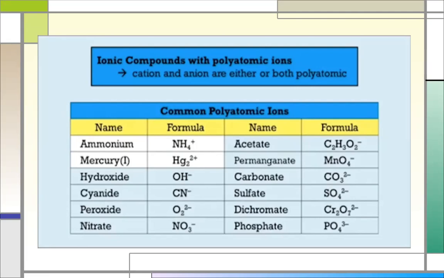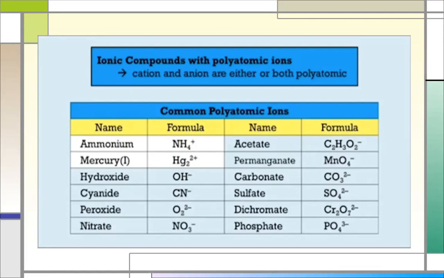Why polyatomic ions? Because NH4 is composed of how many atoms? You have 5 atoms, plus the positive charge. Then you have mercury(I), Hg sub 2, 2 positive; hydroxide, OH negative. This is now the anion, polyatomic anions.